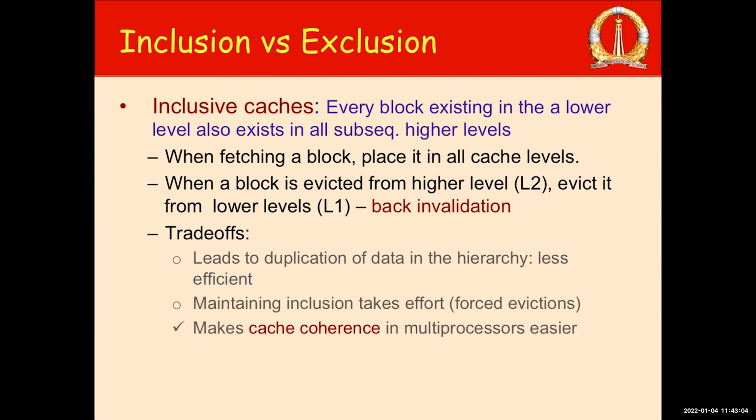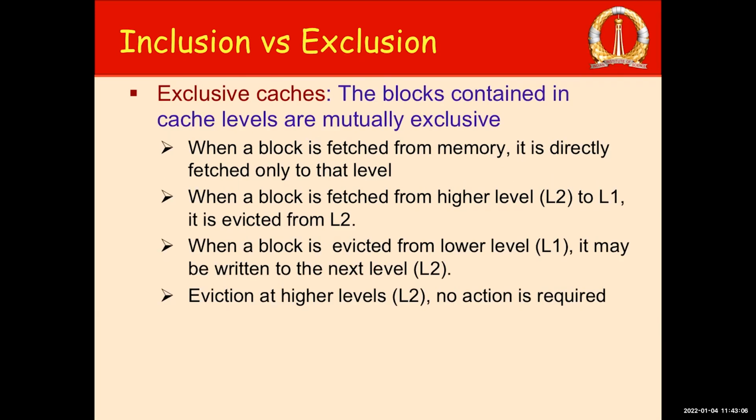Whereas in the case of an exclusive cache, you necessarily ensure that whatever is there in any level is not there in any of the other levels. The blocks contained in each level are mutually exclusive. So in this particular case, when a particular block is not available in the L1 cache, you look it up in the L2 cache.